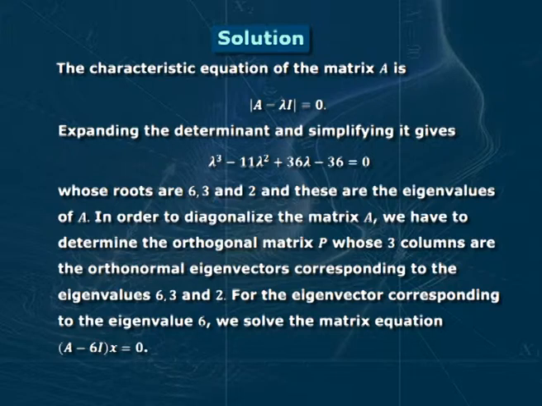In order to diagonalize the matrix A, we have to determine the orthogonal matrix P whose 3 columns are the orthonormal eigenvectors corresponding to the eigenvalues 6, 3 and 2. For the eigenvector corresponding to the eigenvalue 6, we solve the matrix equation (A - 6I)x = 0.